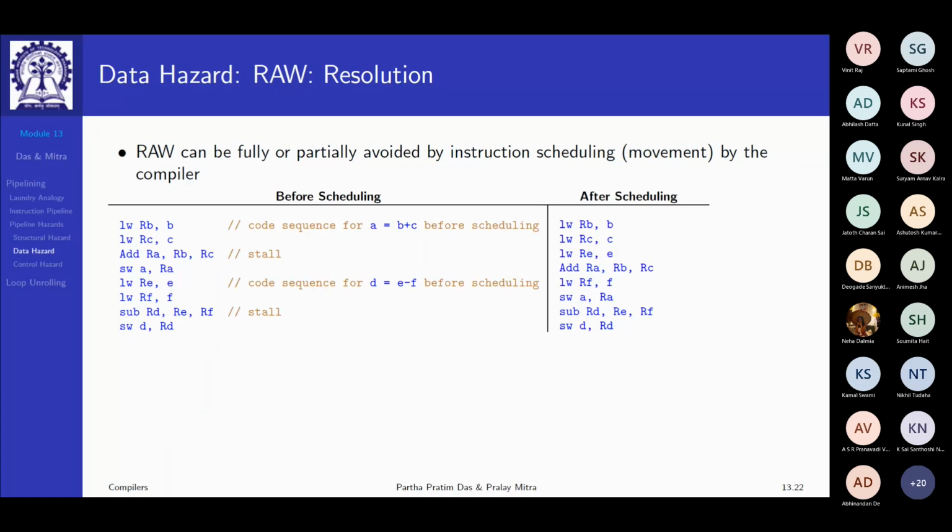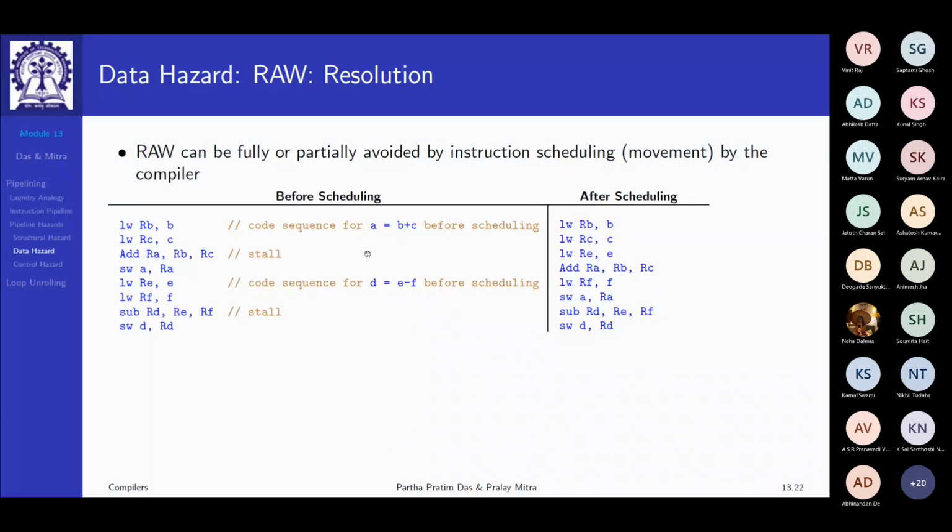Now, much of it can be handled in instruction scheduling by the compiler. Obviously, you have to know the exact pipeline model: how many cycles are needed for every instruction, and at what stage the instruction does what.